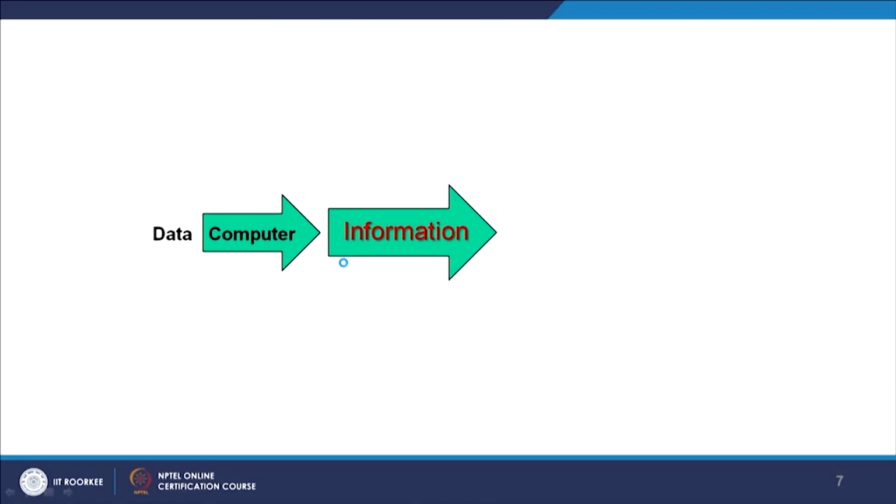If I show in a few steps what we have discussed, and how to reach knowledge: raw facts or data, using computers, we can transform into information.